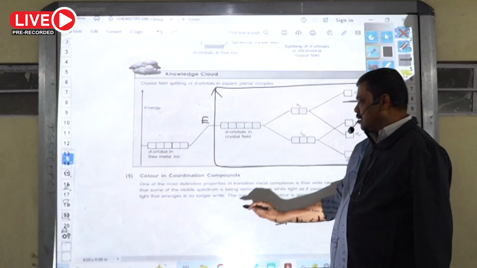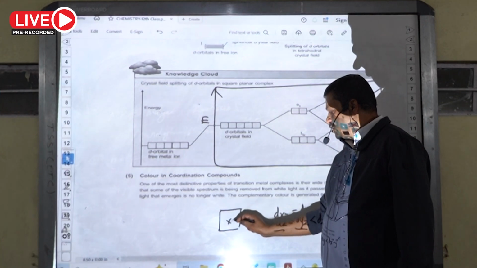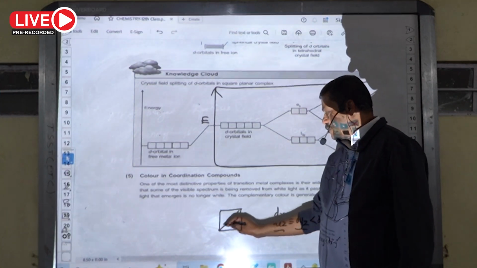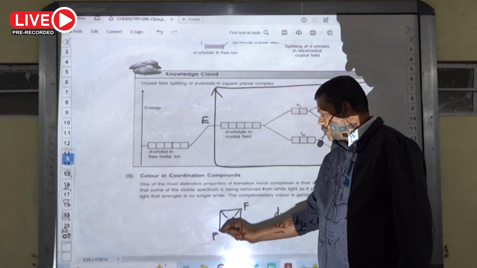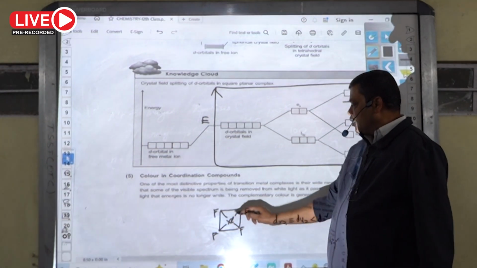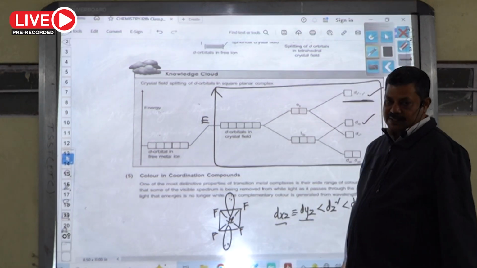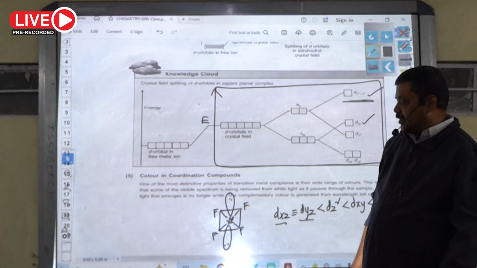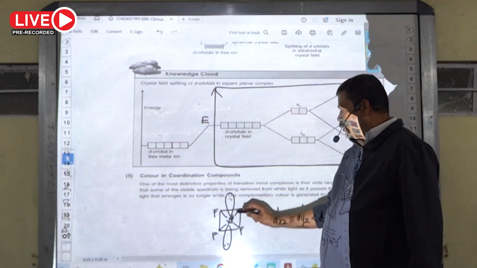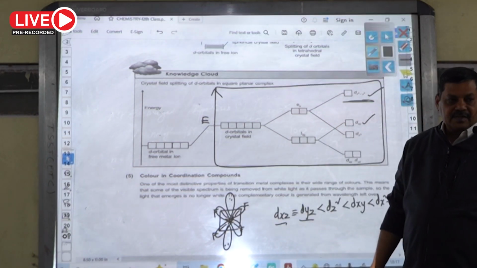Like you take xenon tetrafluoride, XeF4. You have studied this already. Though it is not a complex, you have studied the shape of xenon tetrafluoride. Wherever the fluorine is, in that direction only the x and y orbitals will be there.